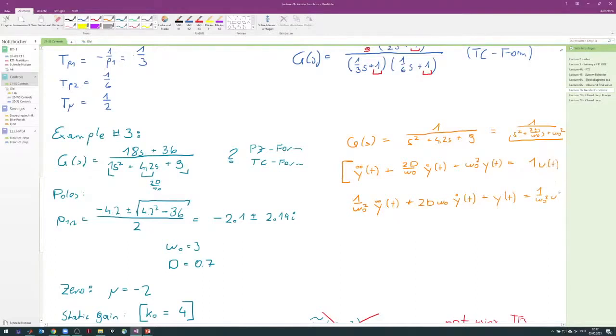Let's write u of t here. Isn't it 2 times d omega 0? Yes, exactly. Here it's over omega 0, yes, you're right, sorry for that. Got mixed up. It needs to be 2d omega 0, right?